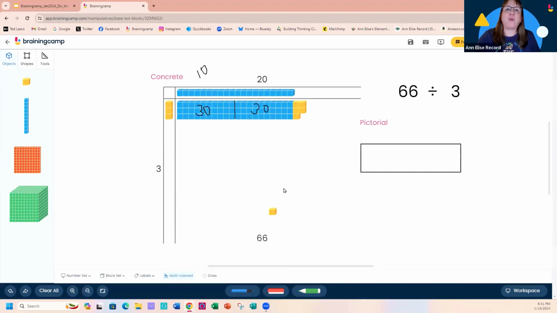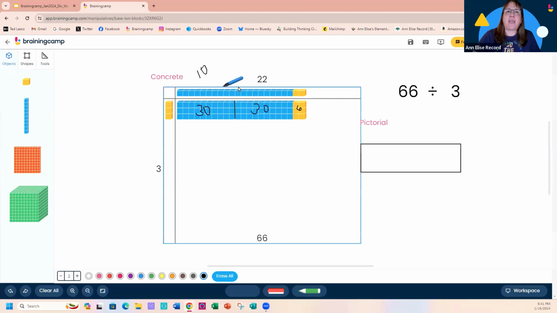I'm just reorienting it to make it into an area model, right? So I have this distance of 3 by, well, what is my horizontal distance? It's a total of 22. It's made up of 3 partial quotients: 30, 30, and 6, of 10 groups, and 2 more groups.